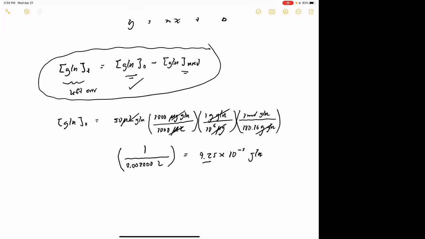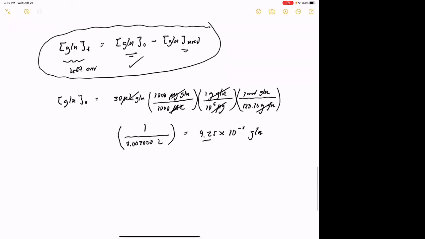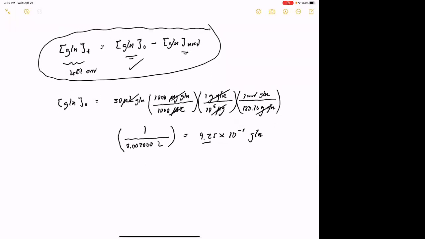That part is going to change as we go through the experiment, because we're using up glucose as we move through the process. But how do I actually measure the concentration of glucose that I used? Am I actually measuring the absorbance of the glucose itself? What am I actually measuring the absorbance of? Anybody remember?